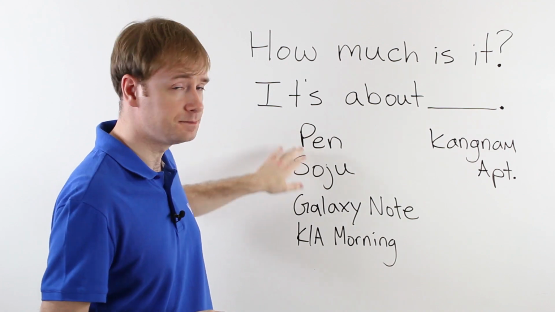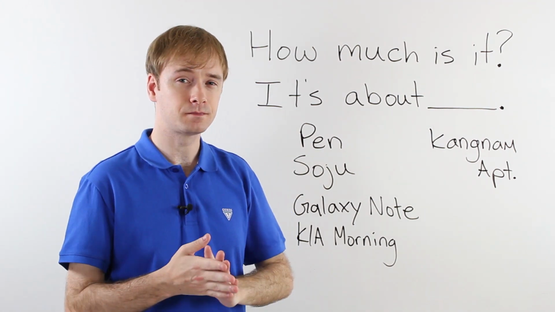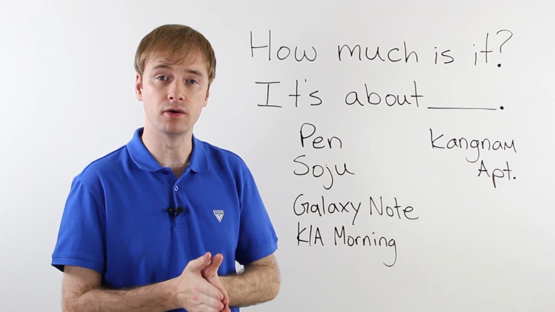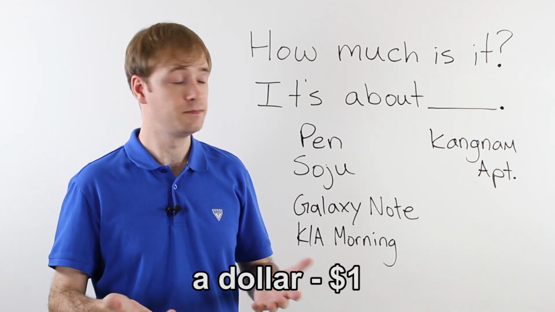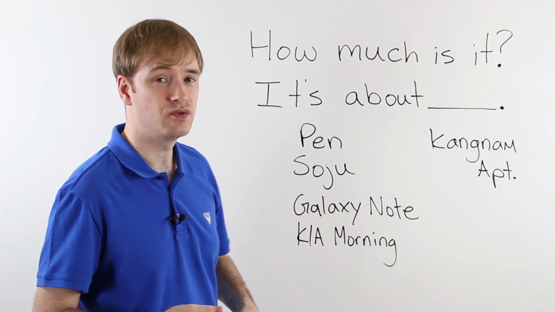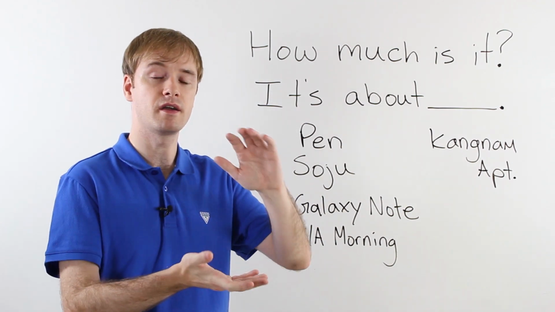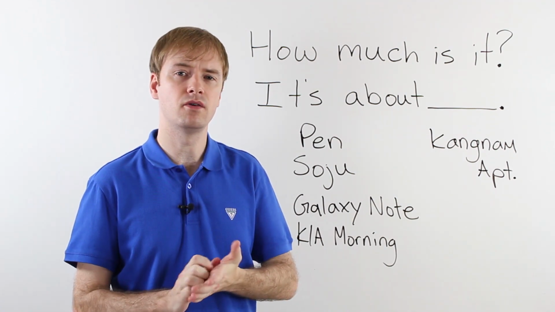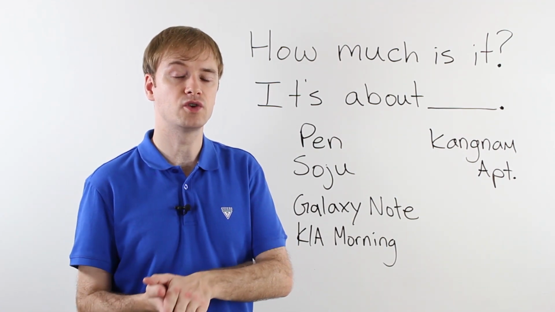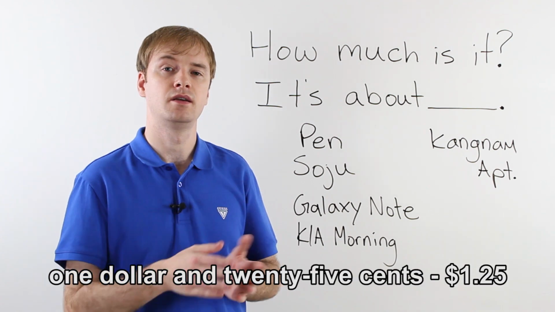Let's look at the pen. How much is a pen? Well, a pen is about $1. And the second one, soju again. I'm going to Family Mart. I buy the bottle of soju. How much is it? Well, it's about $1.25.